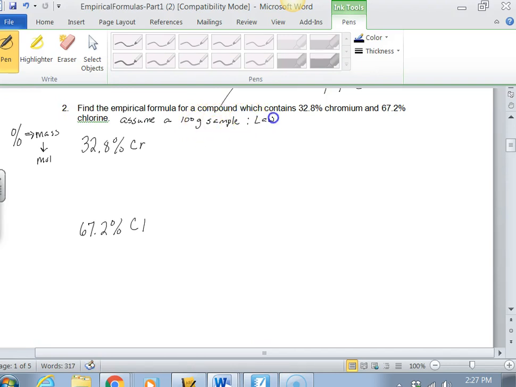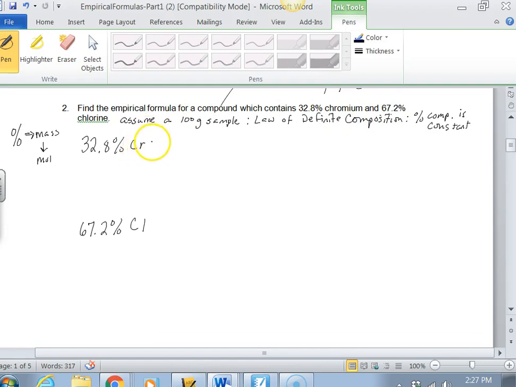The law of definite composition states that regardless of the size of the sample, the ratio of the elements by mass is going to be the same, or the percentage is going to be the same. So one way to write this is that percent composition is constant for a compound. So we can assume any size sample and the percentage by mass is going to be the same regardless of what we choose.